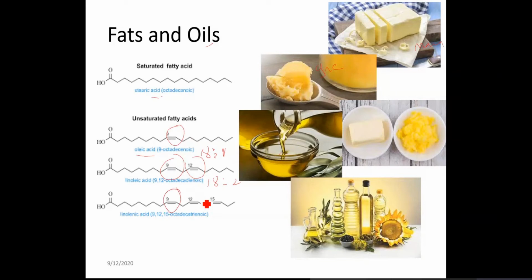And this is linolenic acid, 18 carbon atoms, there are 3 double bonds. And we know that these double bonds definitely affect the melting point. Okay, so the melting point of fat is affected because of the presence of the double bond.